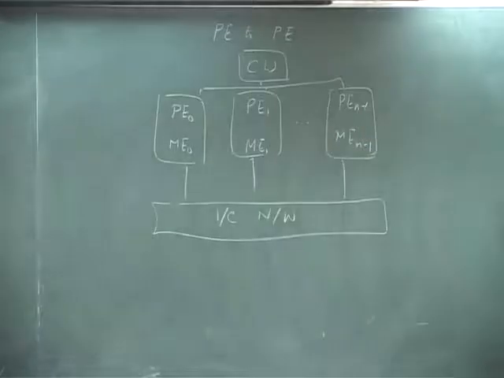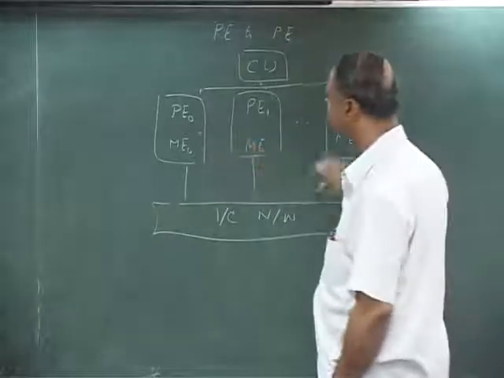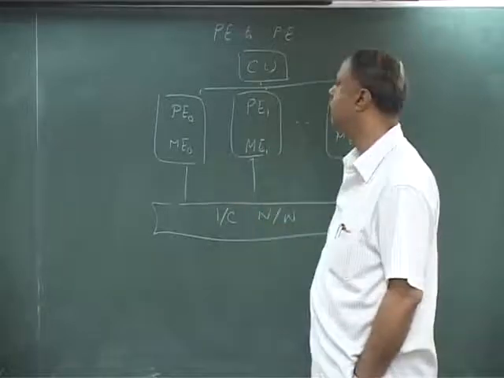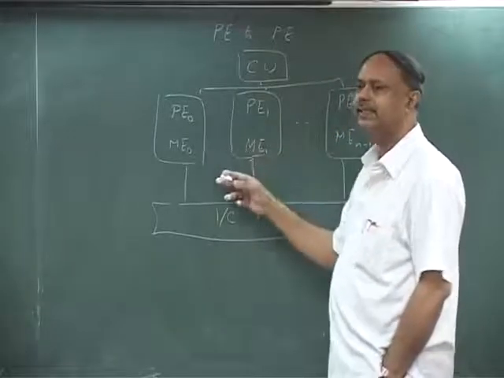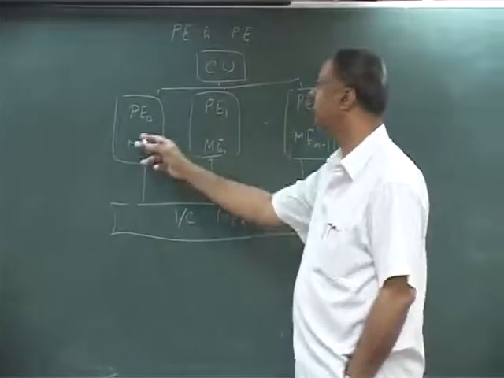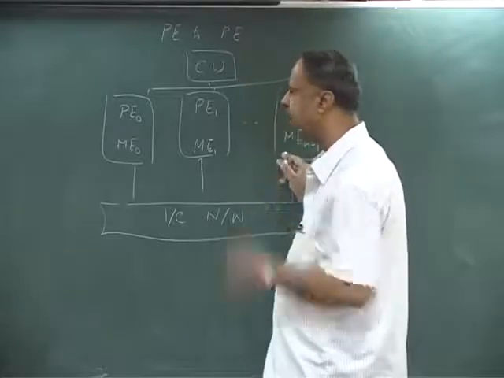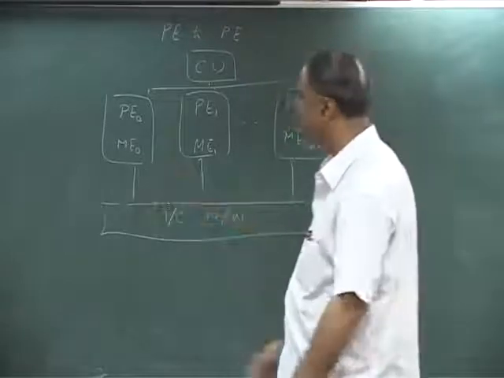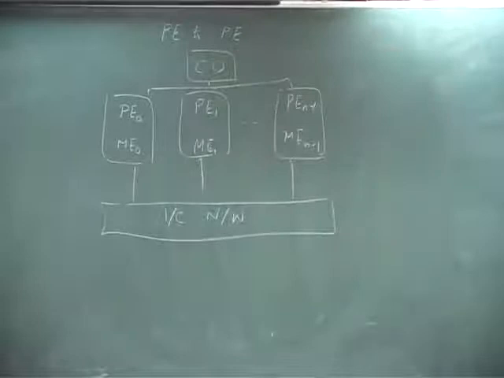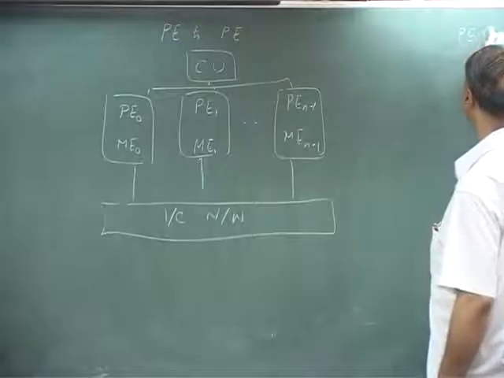In this P2P model, the control unit sends the instruction to all the processors. All the active processors get the data either from their own local memory, or if they want data of other processors, they get it through the interconnection network and use that for their work.